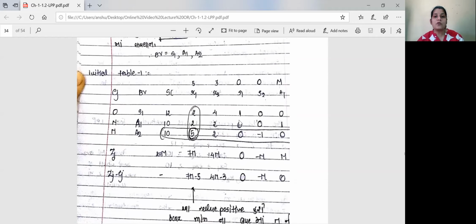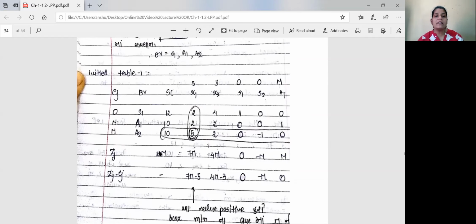I hope this is clear to you. So our first row is Cj, BV, SC, x1, x2, s1, s2, a1 and a2.